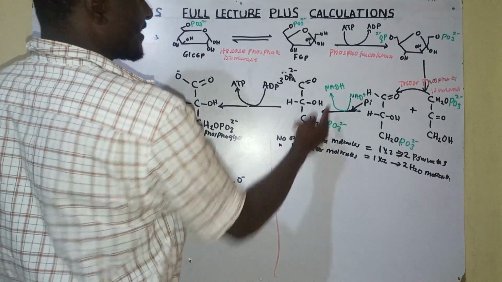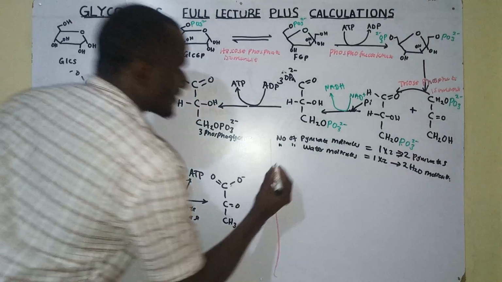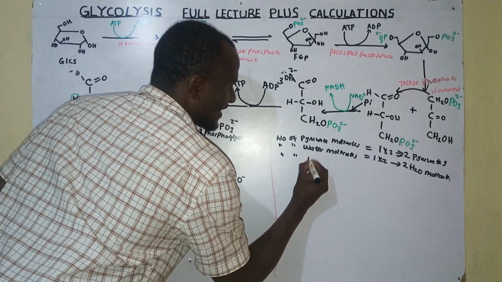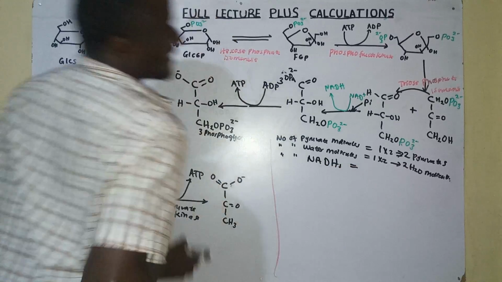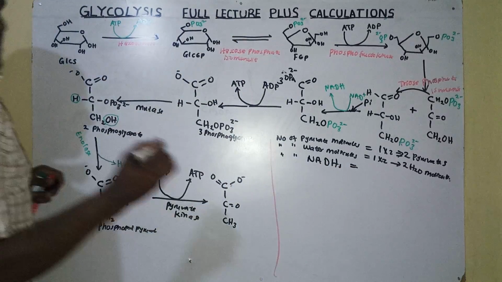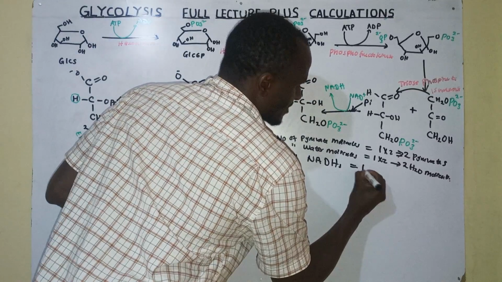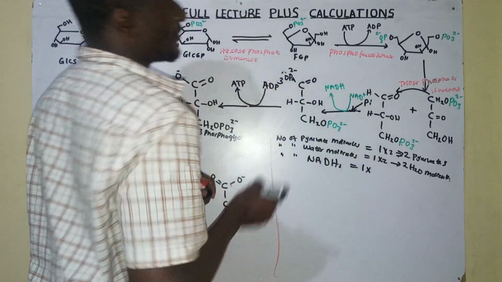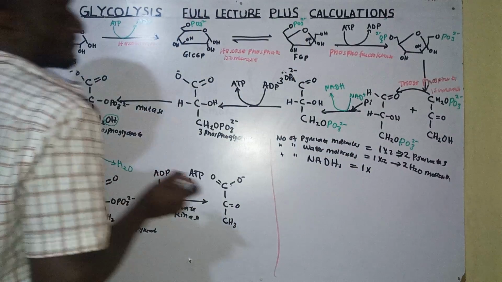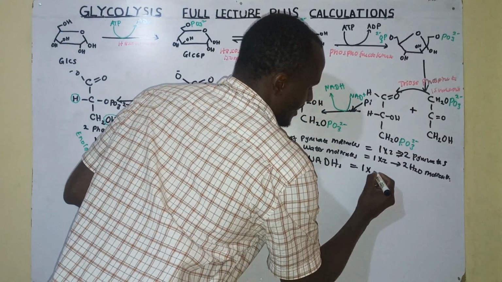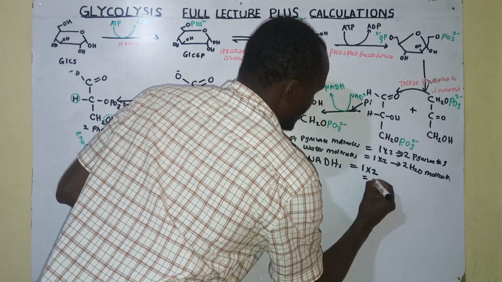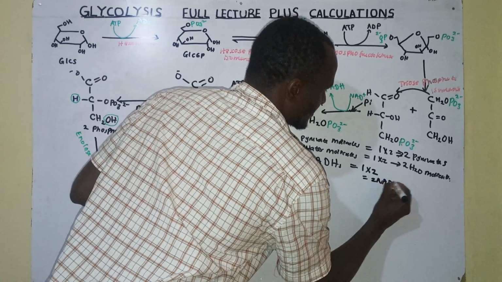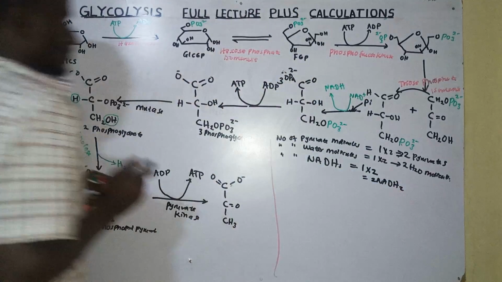The NADHs. Number of NADHs. We know that NADH is only produced at step number 6, and it is 1, but since our pathway branches at position number 5, it will be 1 times 2. So those are 2 NADHs.